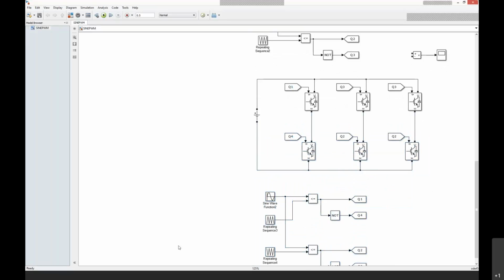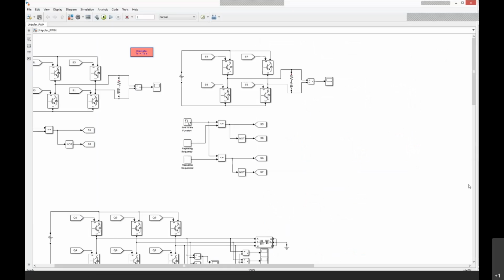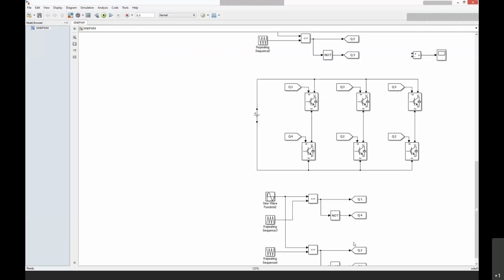Here, for a three phase load, I'm considering a three phase branch. So this is a three phase branch.